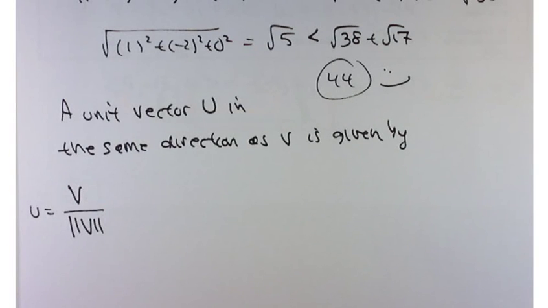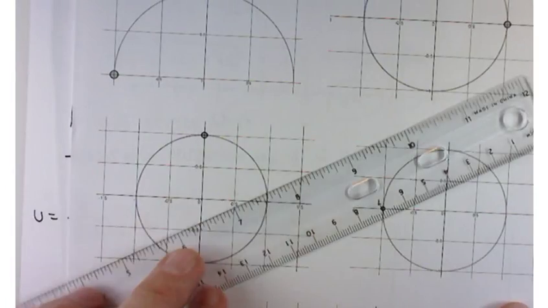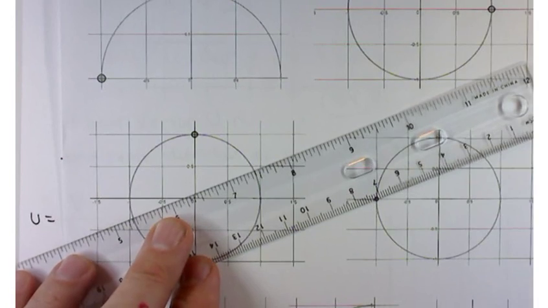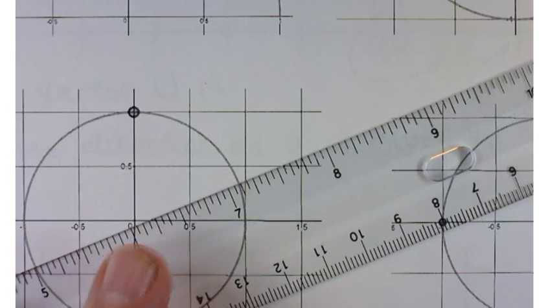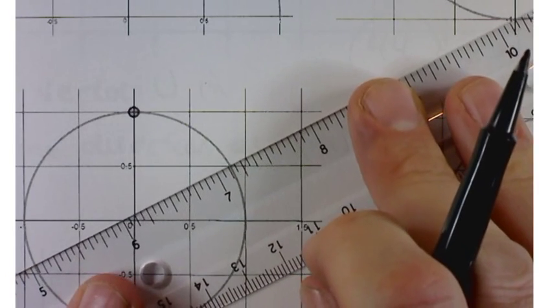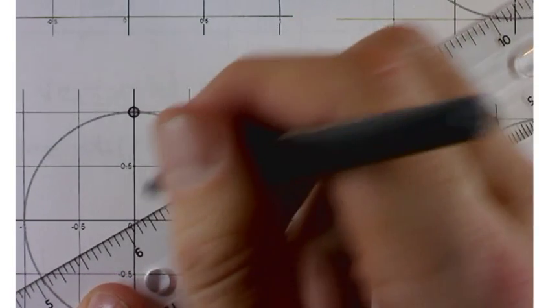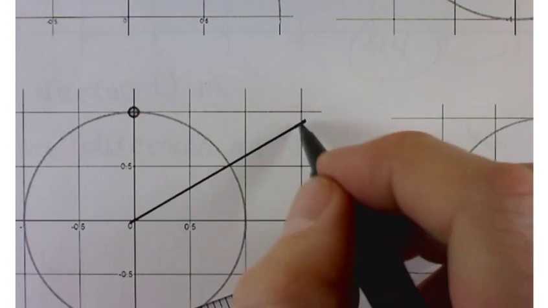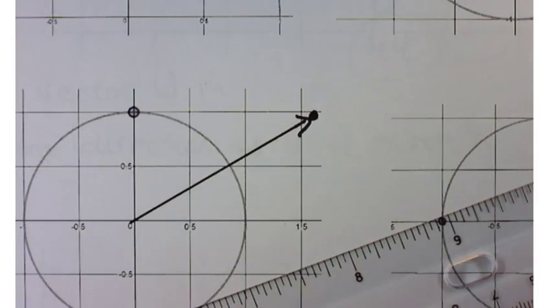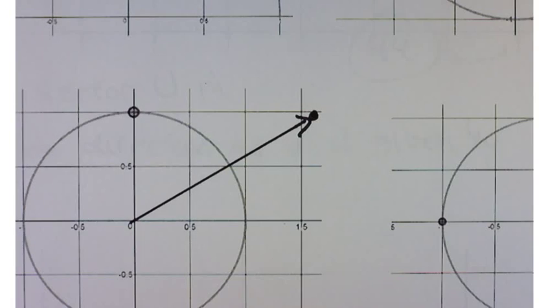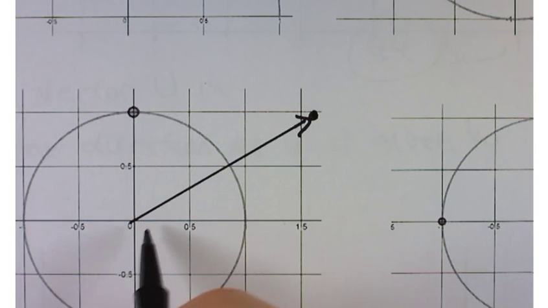Jeff, what does it mean in the same direction? Unit vector u in the same direction as v. So suppose that I have a vector like this. It points to here. Now, I don't know how long it is, but you can use the Pythagorean Theorem.